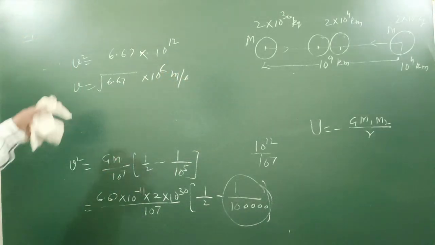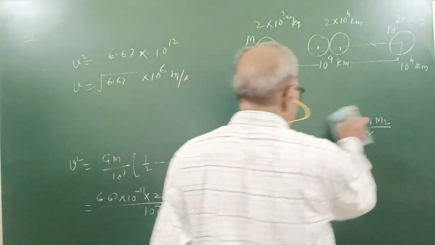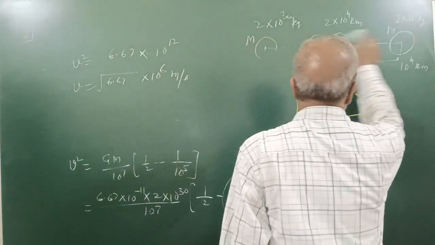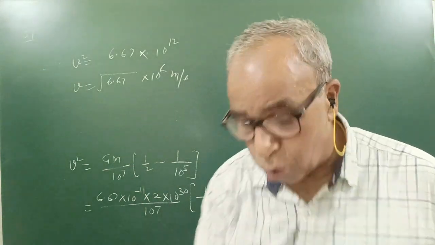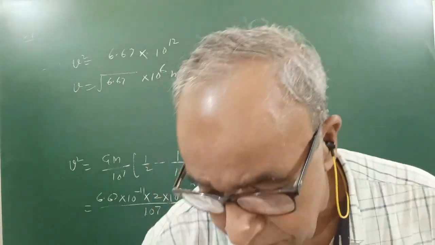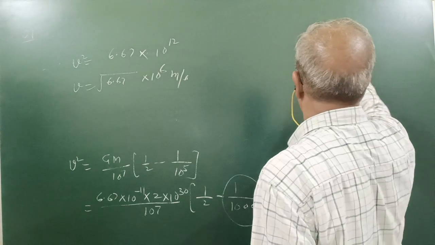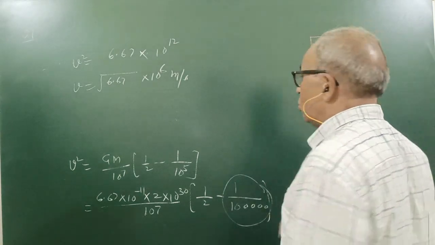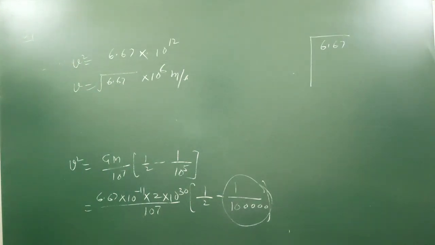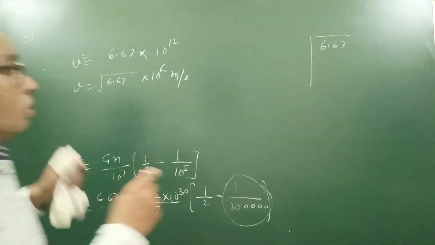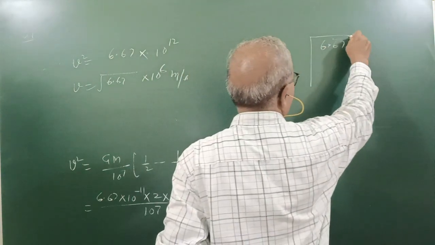It is a big problem for students to find the square root of decimals. I keep on telling again and again, so please be very careful about what I tell, because I have noticed these problems in my teaching experience. Under root 6.67. You know the square of 26, the square of 27, 659. But I am telling, while taking the square root of a decimal, we make pairs this way.